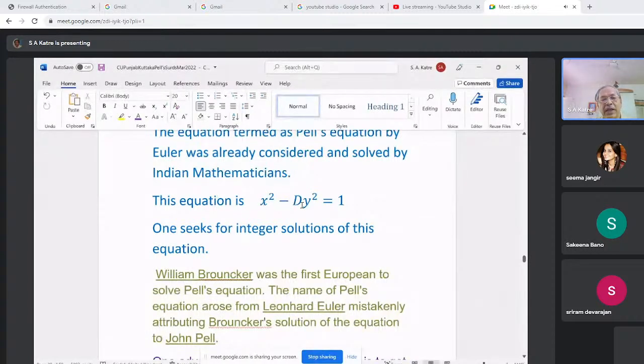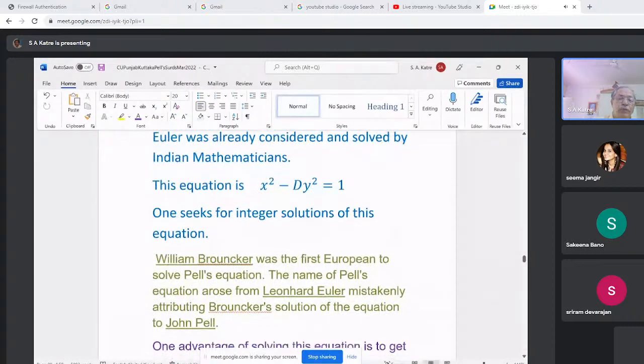Suppose x, y are 5-digit numbers, 7-digit numbers, like that. Then x square is about d y square, therefore root d is approximately equal to x upon y. So that's how the solutions of this equation were used for finding rational approximate values to the square root of d. So that is one use.